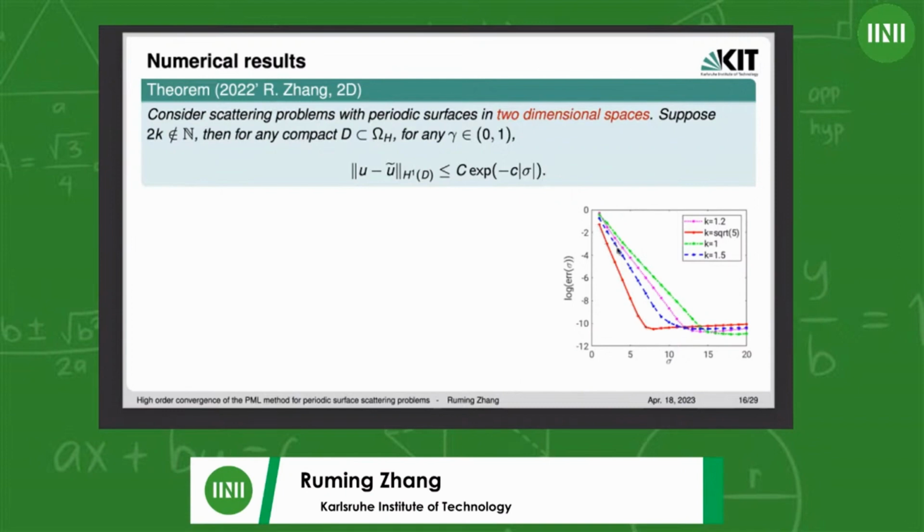So this is the result that I concluded here, the convergence is exponential, and we can also show that in this picture. Here you can see that I take these 4 examples with k equal to 1, 1.2, 1.5, and the square root of 5. Interestingly, in my proof I have to exclude the case when 2k is an integer, but in this picture it seems that k equal to 1 and k equal to 5, which are the cases not included, also converge exponentially.